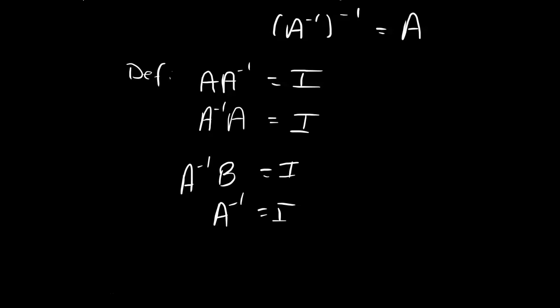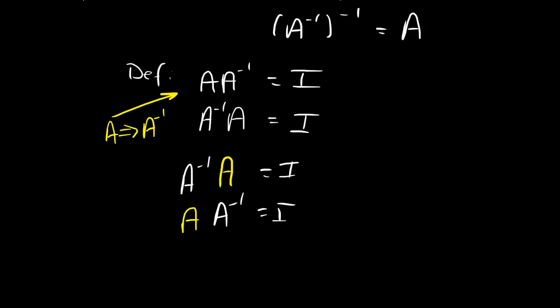There is a matrix that we called A before, maybe we'll do it in a different color, that if I multiply A inverse by it, I get the identity matrix, and if I multiply it this way, I also get the identity matrix. This looks like I wrote the same thing twice, but what's given here is that A being invertible implies that A inverse exists, and we have this relationship.